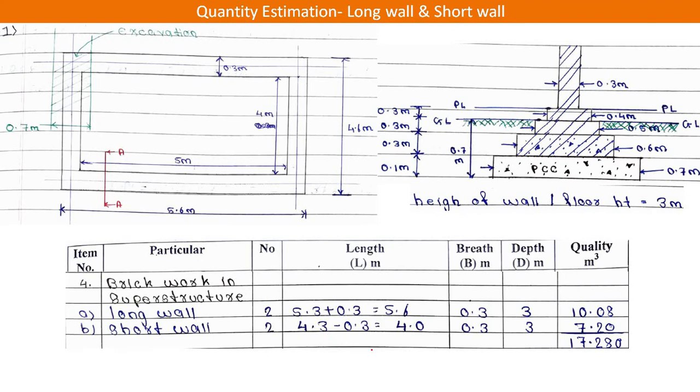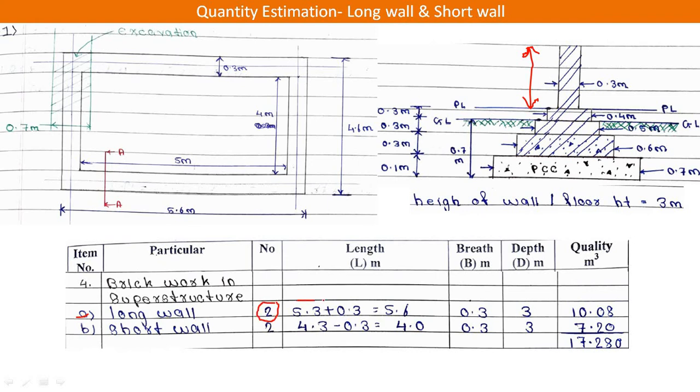Now the fourth quantity, brickwork in superstructure. Brickwork in superstructure means from here to the top or the bottom of the slab. First, for the long wall, there are two numbers of long wall, so we have taken two numbers.